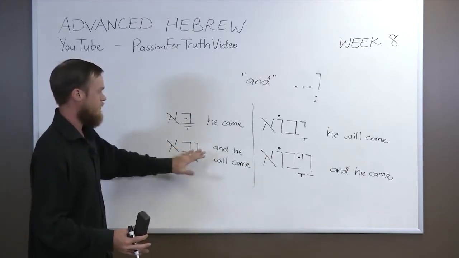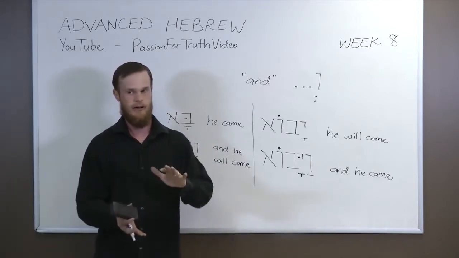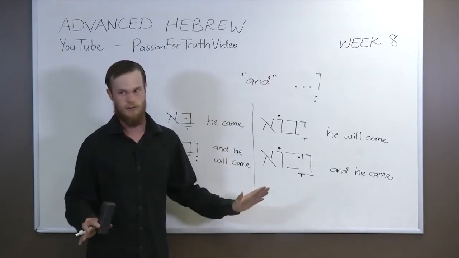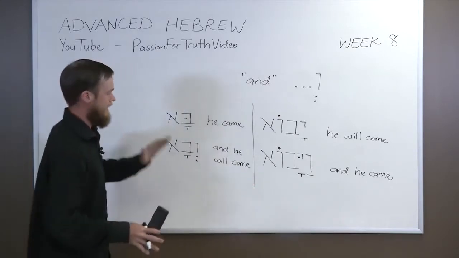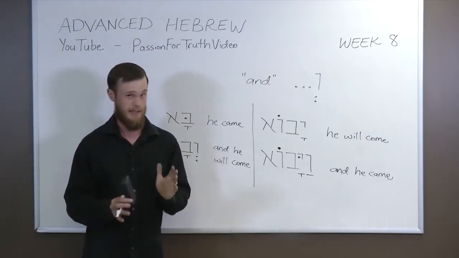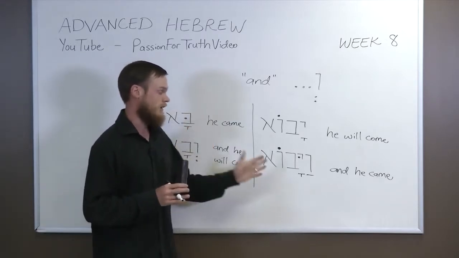So when we add the vav to a past tense verb, you have to pay attention to the context to know if it's going to flip the tense or not. Every time it's attached to a future tense verb, it flips the tense. It always changes the future tense to the past. It can change the past to the future, but not necessarily every time. It's context dependent. Okay? So anyway, this is a funny thing about the vav.